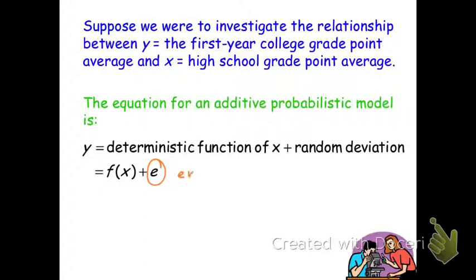We would call this our error. The deterministic function of x is just our a plus bx. So this is the formula that we're used to, that we learned so far. But now we're going to refer to this e as an error variable.